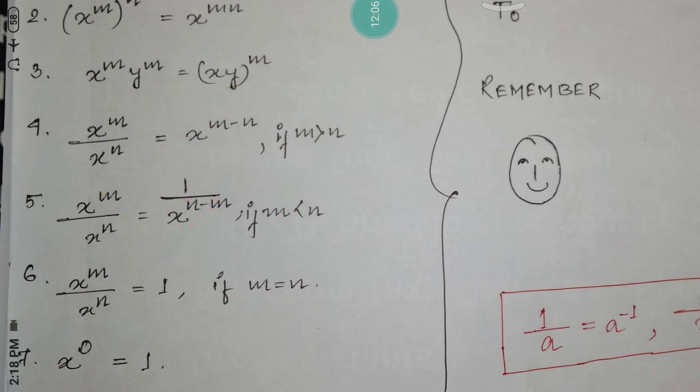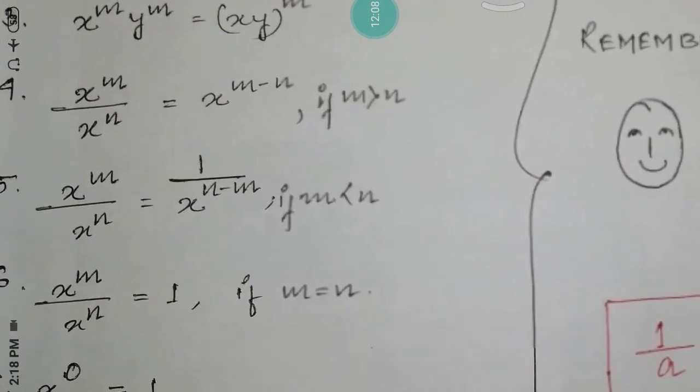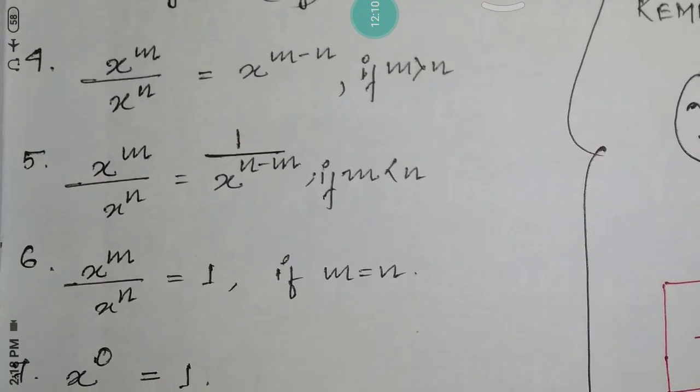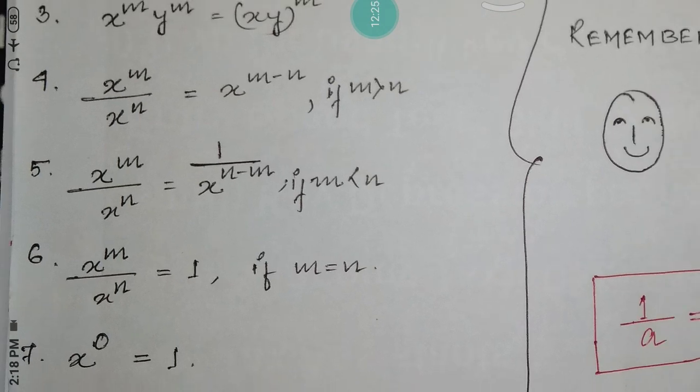Similarly here also, if x power m by x power n is given and m is equal to n, that means the numerator exponent and denominator exponent are both the same, so it will be x power m by x power m. Then x power m in the numerator and x power m in the denominator get cancelled. What will be the remaining? 1.